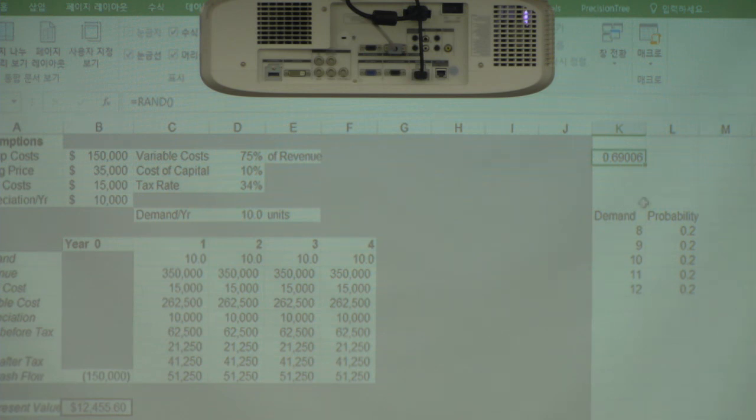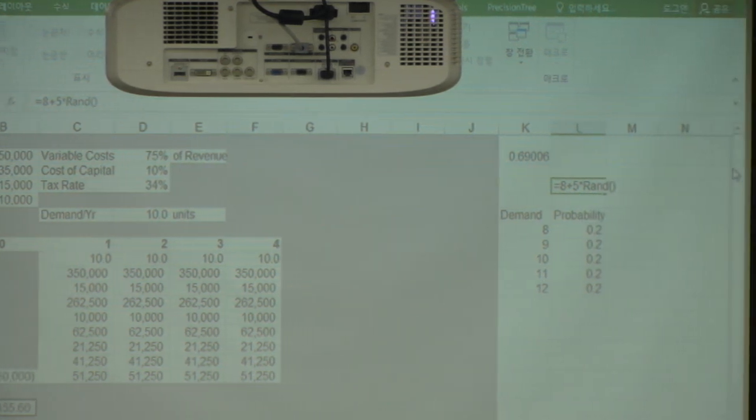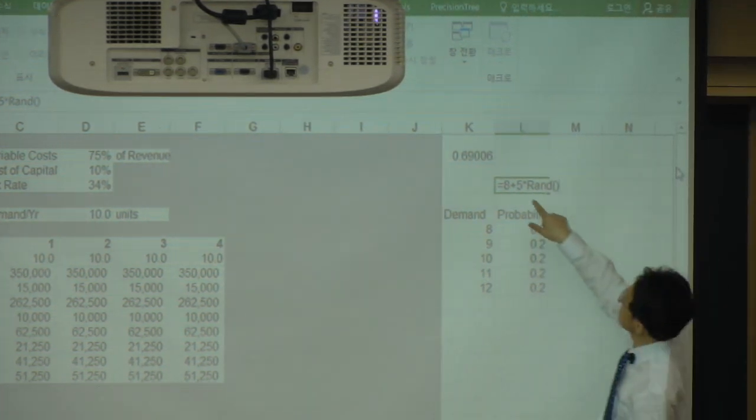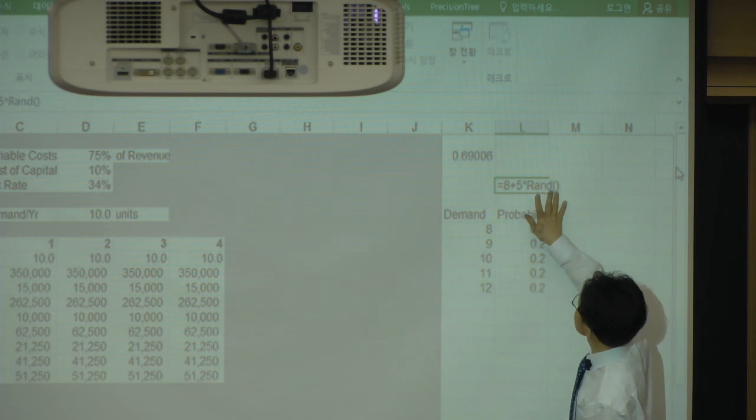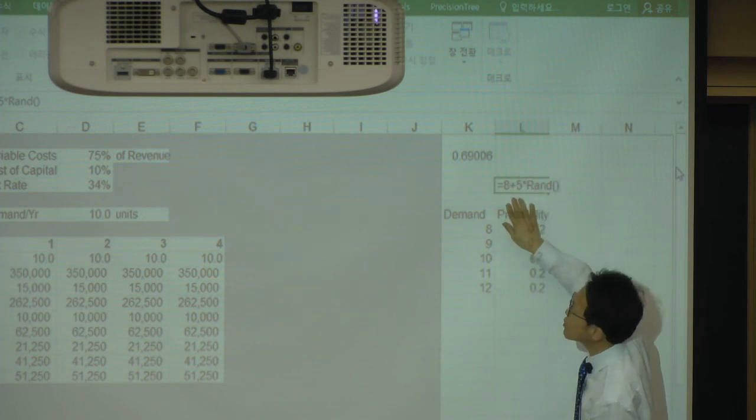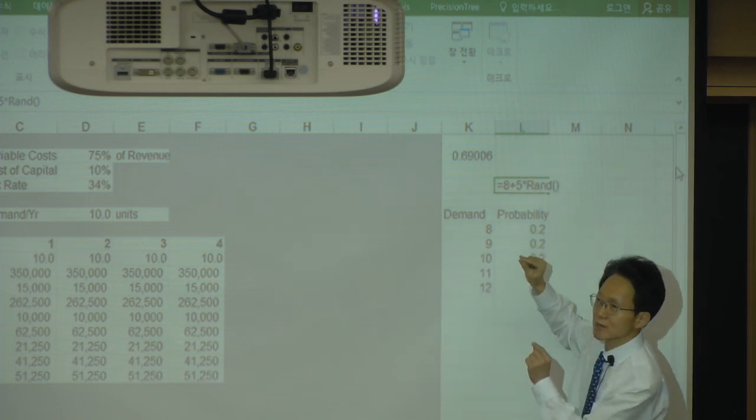In other words, let's say I want to have demand equal to 8 plus 5 times the random number. So if the random number is very small, very close to 0, then this whole number will be 8 plus something, right?